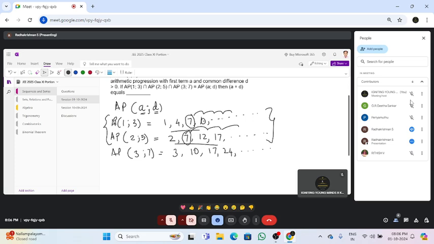So 22 will come here, and 22 will come here too. Next, similarly, the plus 15th term will come in both. So AP(1;3) intersection AP(2;5): the first term is 7, next 22, next it should be 37, right? Every 15th term will be common to both.